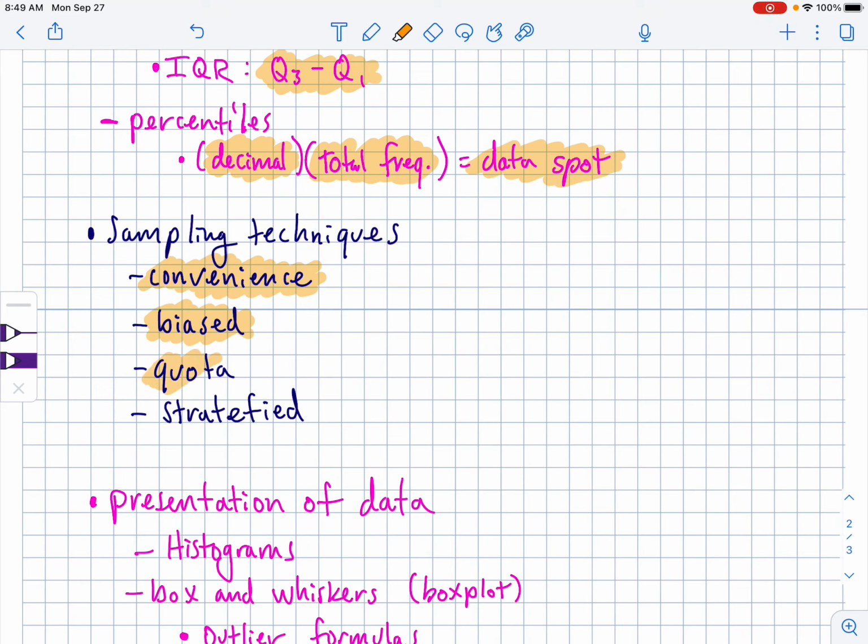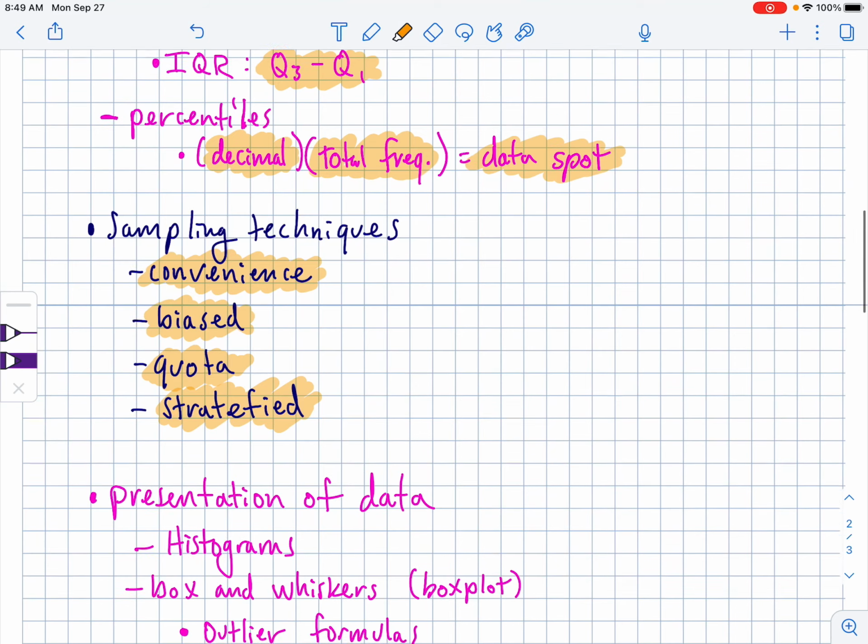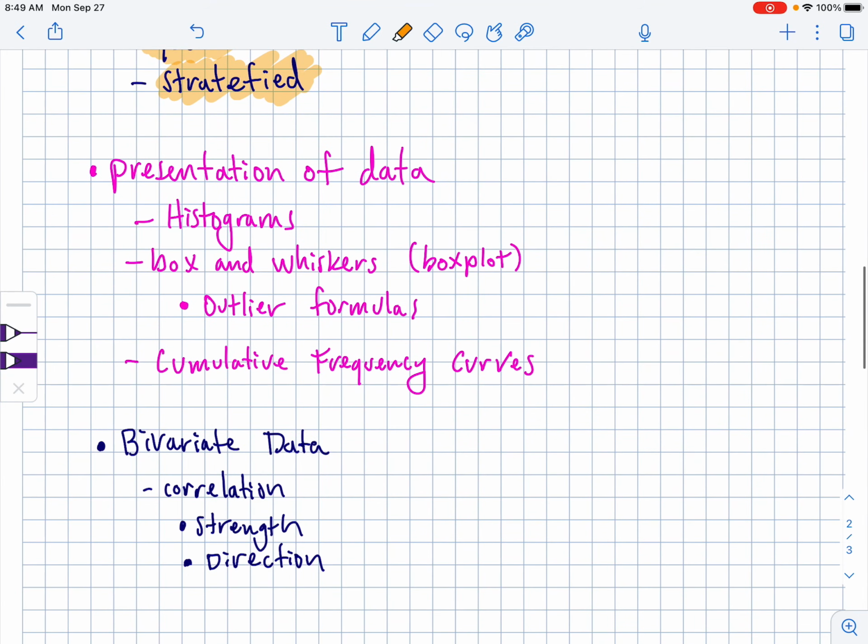It's a bad example. Quota, that's where you're trying to meet a certain number requirement, 50 of each kind. And then stratified was probably the one that we actually did problems with, where you're going to find 10% of each category or something like that, and make sure it's level across the board.